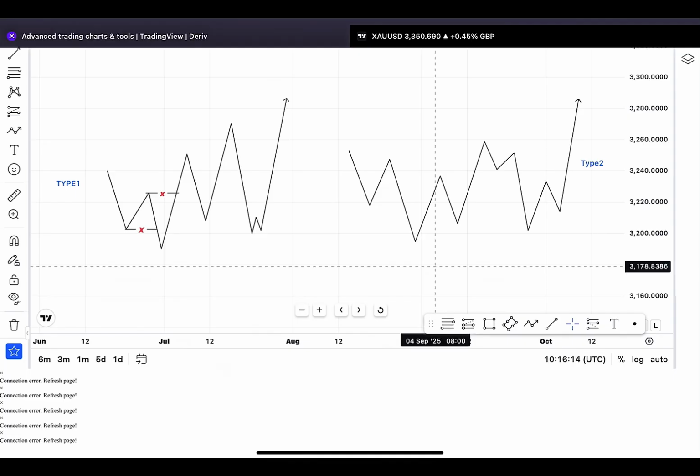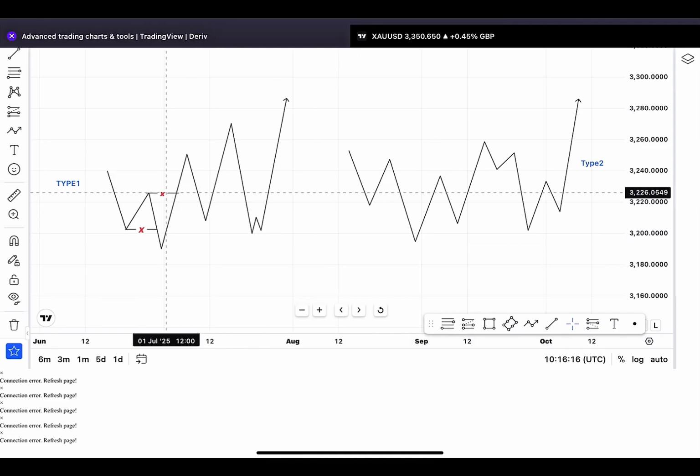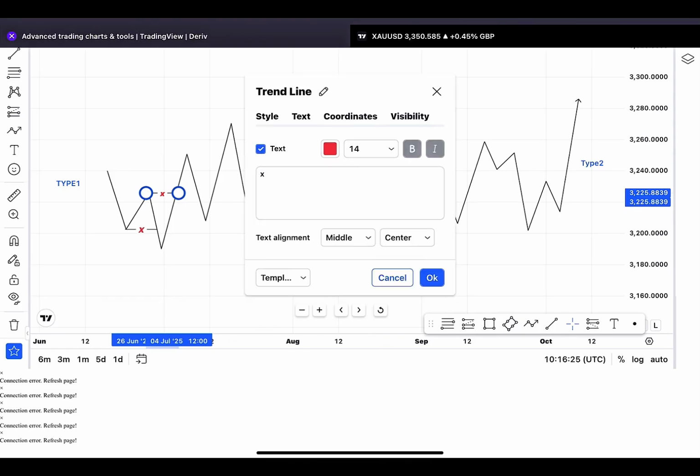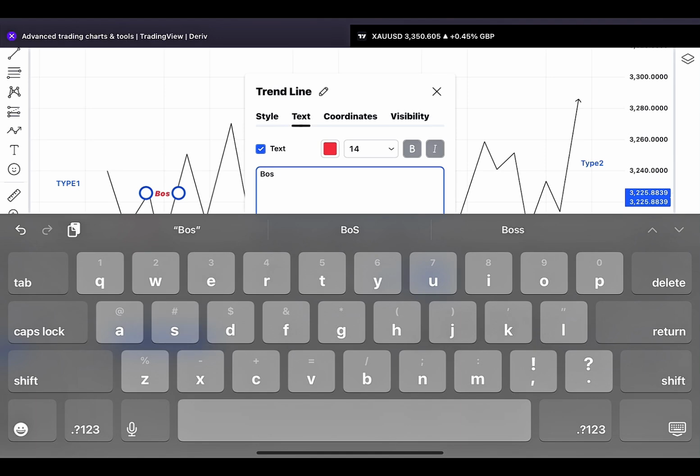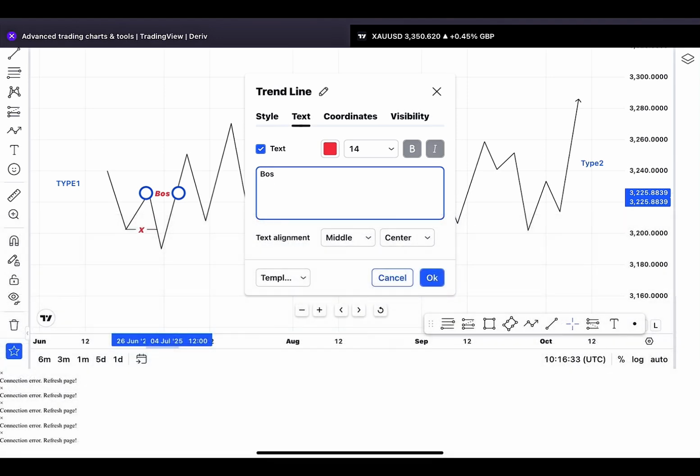So you can call it a POS, whatever you can call it, but I like putting those X because I like puzzle. But since I'm showing you guys, let me just put BOS.